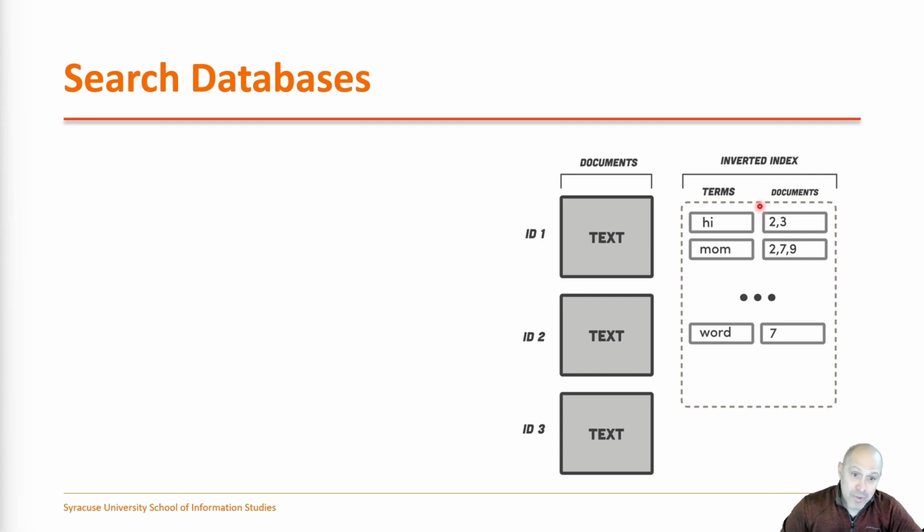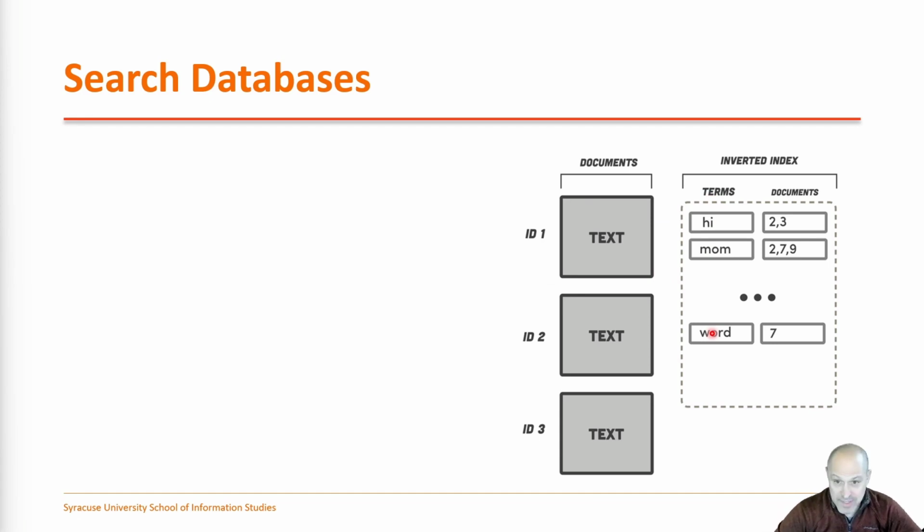The way the search database works is as documents are added to the database, any structure that it can imbue from the data that is put in the document gets created as an index.